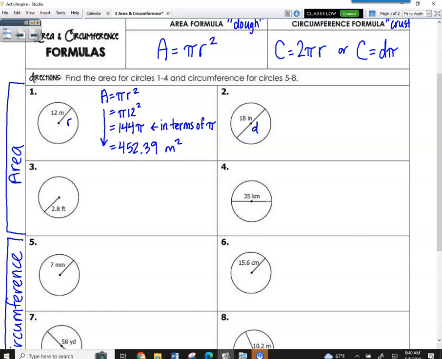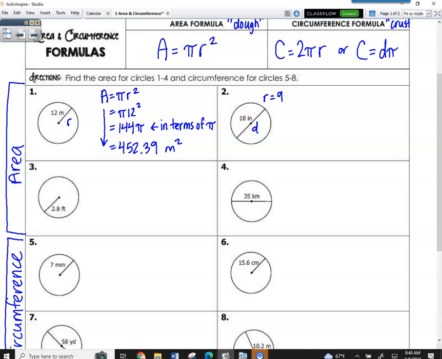So what would the radius be? If the diameter is 18, then the radius would be 9. If you ever forget which one is the longer segment, just look at the length of the word. Diameter's longer word, right? It's also the longer segment.